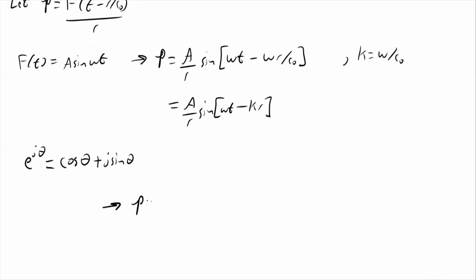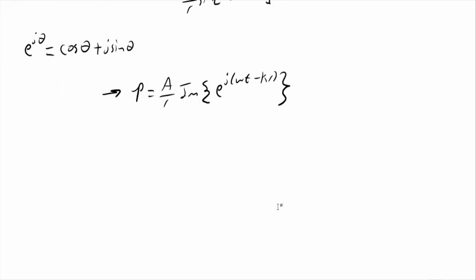So pressure can be represented as a over r times the imaginary component of e to the j omega t minus kr. So we're going to write it as a over r times e to the j omega t minus kr, where the imaginary part is assumed.